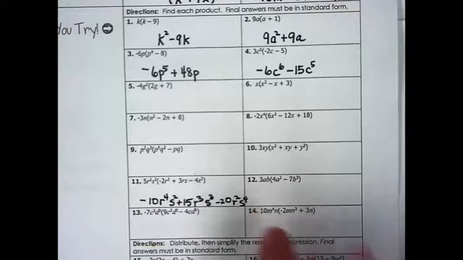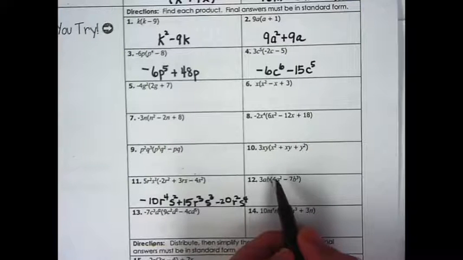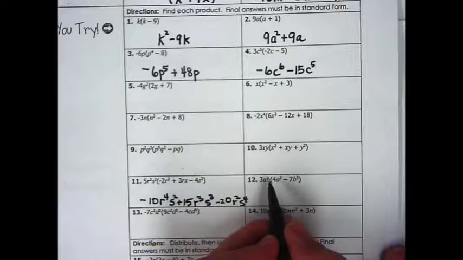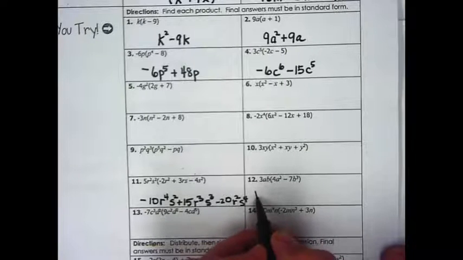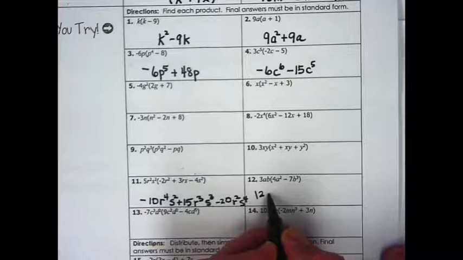Let's do one more. 3ab is multiplied into 4a squared minus 7b cubed. Let's go ahead and do this one. Multiplying the numbers, 3 and 4 is 12. A times a squared will be a cubed.